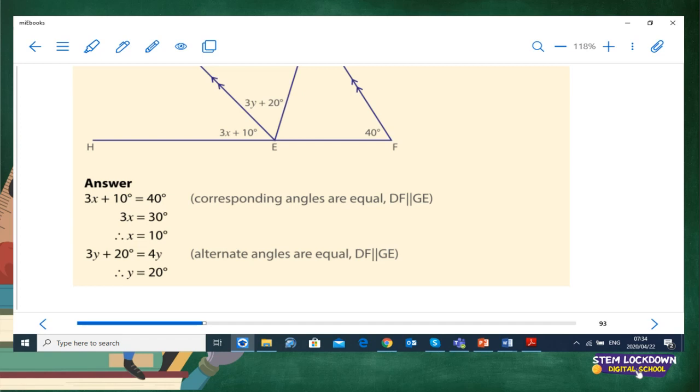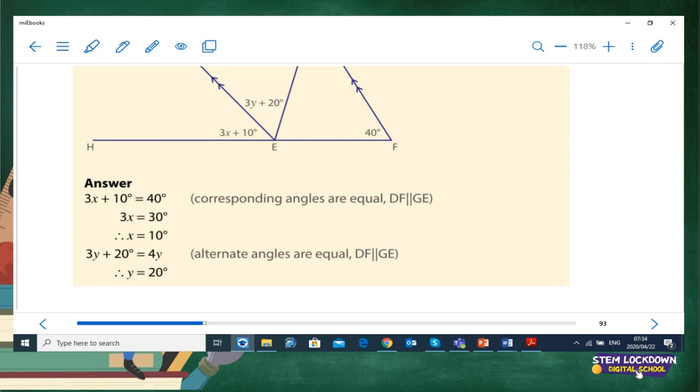And of course, you can solve for y there. You can transpose 3y from the left-hand side to the right-hand side, and you'll see that 4y minus 3y gives you y. Therefore, the value of y is 20 degrees.